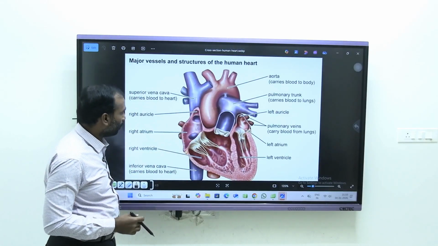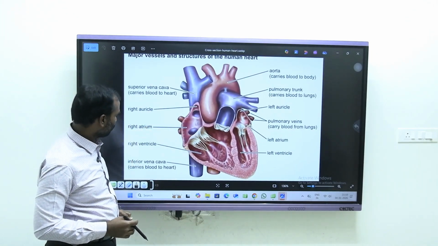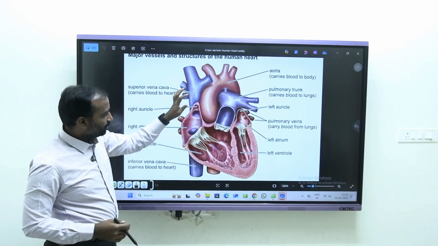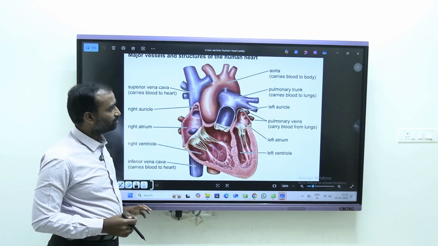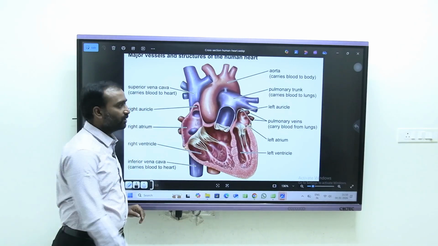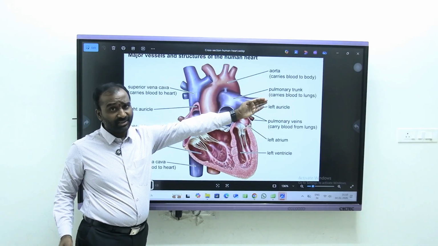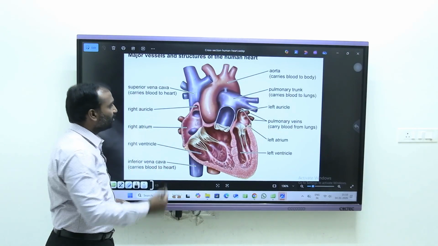That is the auricle. In this, if we observe, this is the right atrium and here it is the left atrium. The left atrium is on the left side because this is my left side, as I told you, and here it is the right atrium.